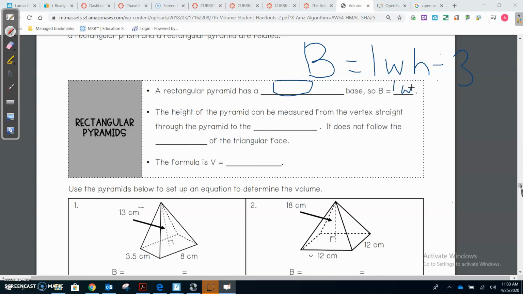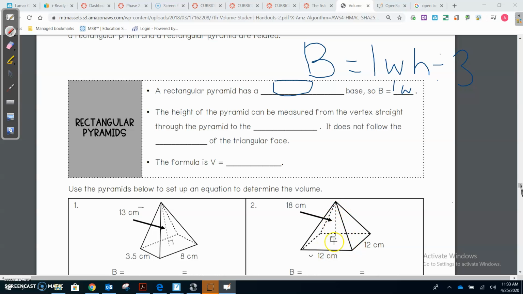The height of the pyramid can be measured from the vertex straight through the pyramid to the top. So this dotted line right here, to the very top of the pyramid, is the height of your pyramid. It's usually going to be shown as a dotted line because this is angled, so that can't be the height.